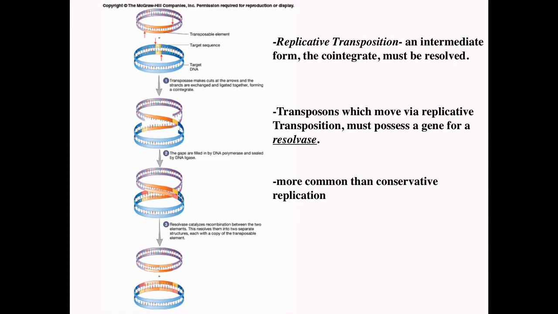It breaks one strand and then has the ability to ligate that break from one strand to another on that chromosome. Then DNA polymerase will fill in the single-stranded regions, and what's formed is what's known as a co-integrate.